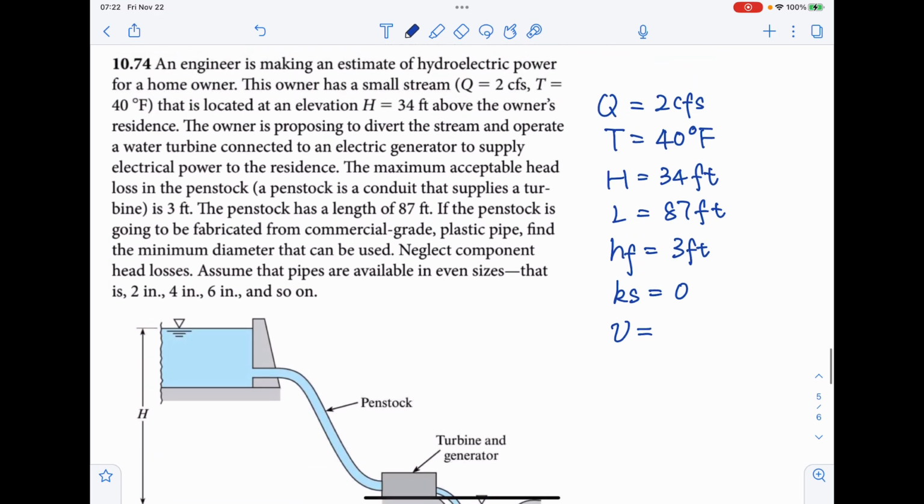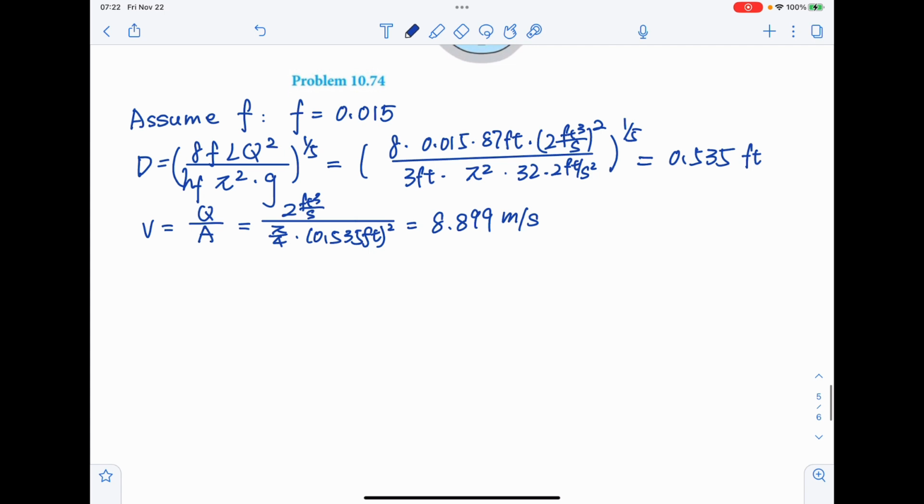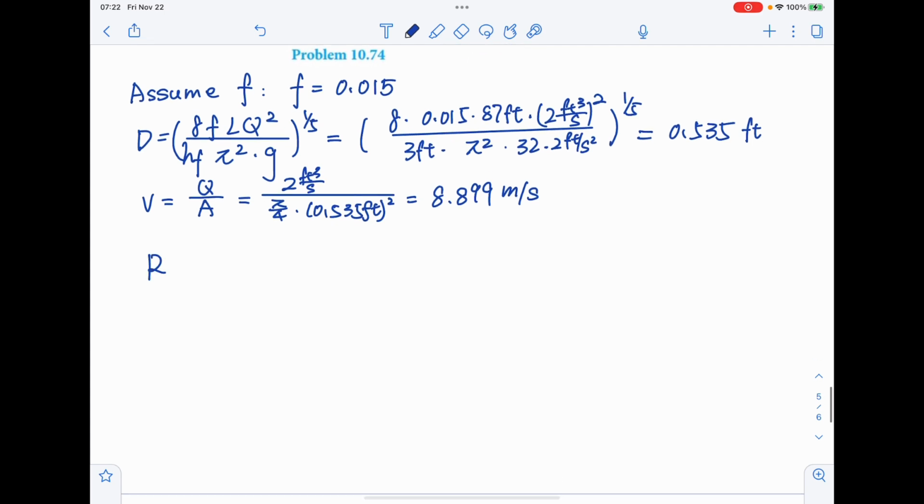For the viscosity of water at a temperature of 40 degrees Fahrenheit, the viscosity should be equal to 1.66 times 10 to the negative 5 feet squared per second. Okay. So our Reynolds number equals V times D over viscosity.